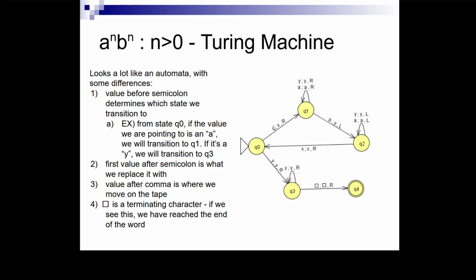There's nothing that reads in a B. There's also nothing that reads in an X. We either read in an A or a Y to continue. If we read in anything else, a B, an X, a Z, a Q, an empty square, whatever, we go to a trap state, just like we would in automata. So if there's not a transition for a specific input symbol and we read that input symbol, we're trapped. And so that will not pass.